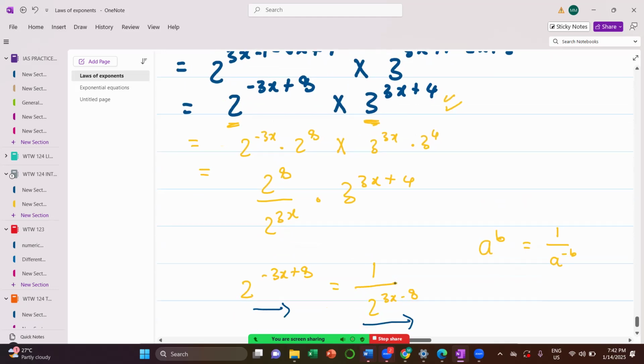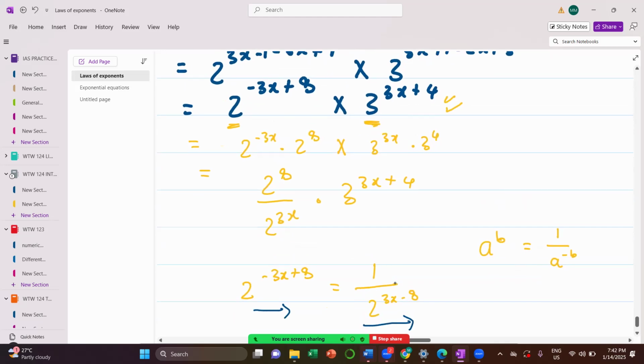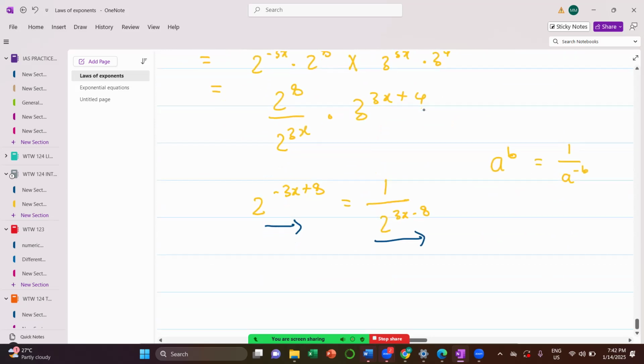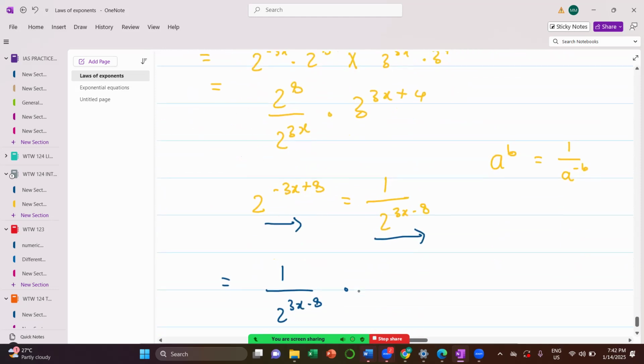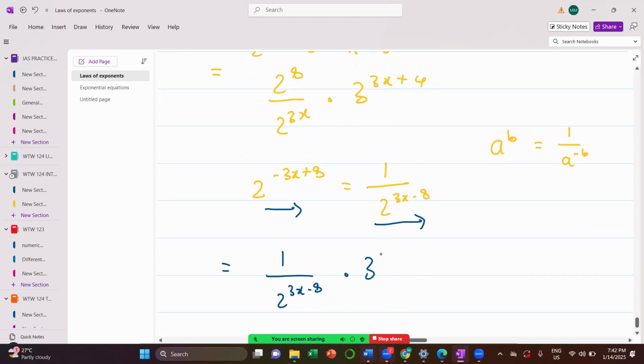So wherever she sees this, she's gonna substitute that, and then she's still gonna multiply by 3 to exponent of 3x plus 4, which is just gonna make it 1 over 2 to exponent of 3x minus 8 times by 3 to the exponent of 3x plus 4.